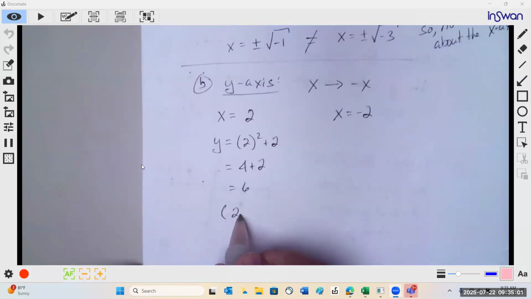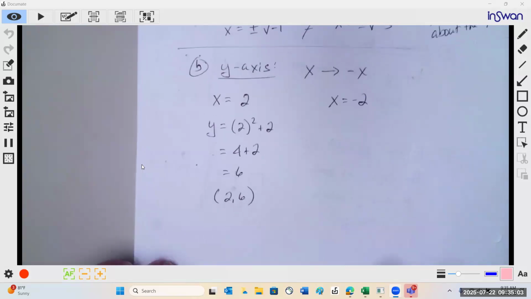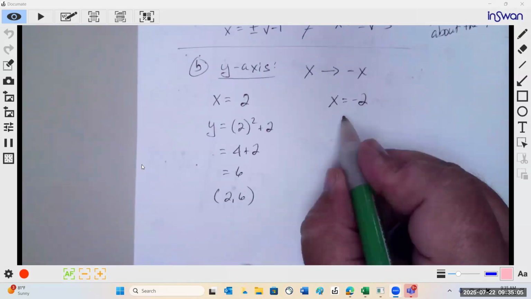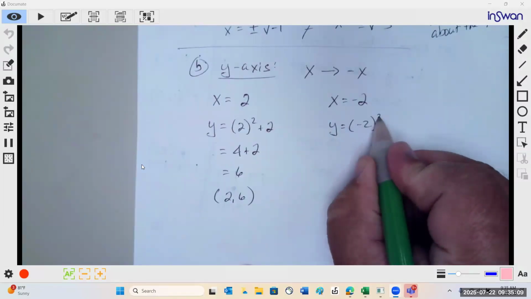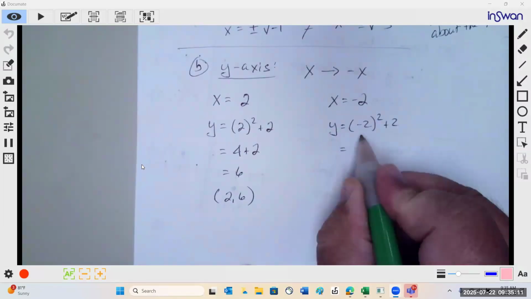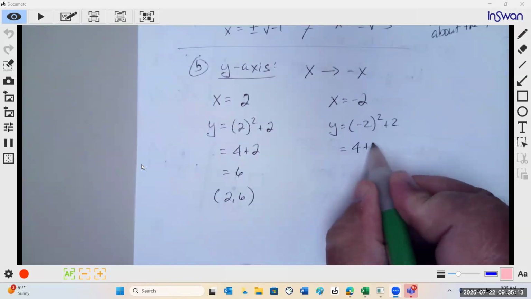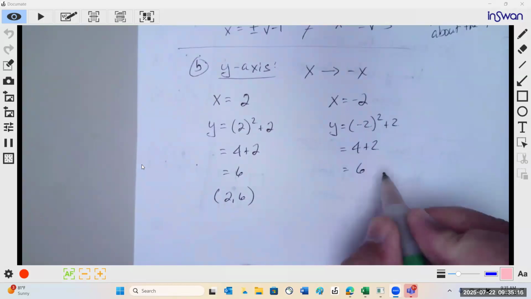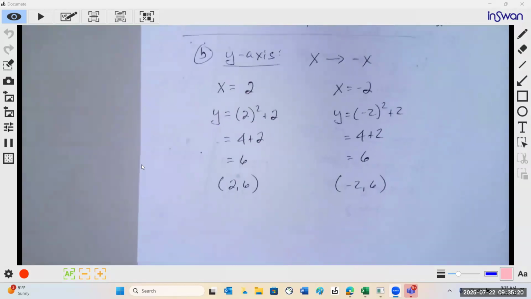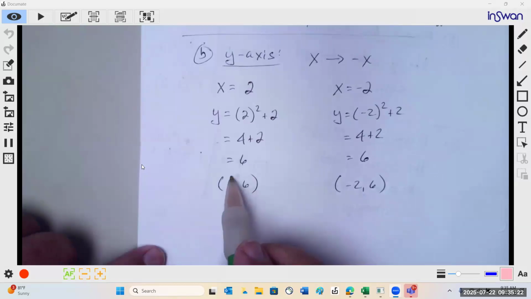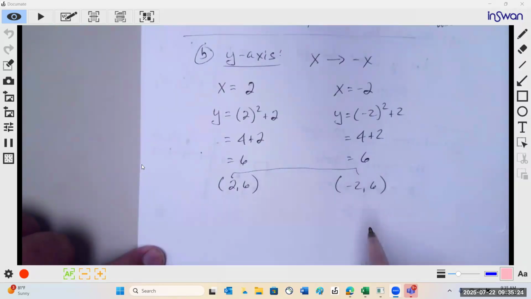So it's the point 2, 6. -2 squared plus 2. -2 squared is 4. Plus 2 is 6. So this one is -2, 6. X values change signs, y values stay the same.